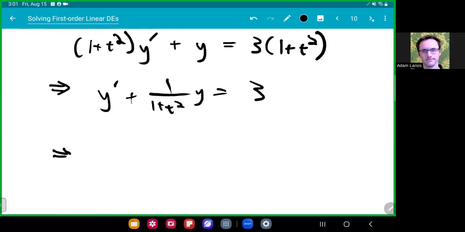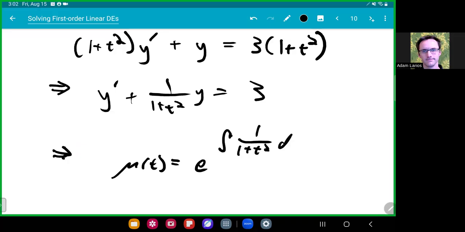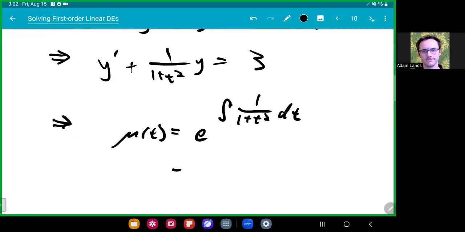Okay. This means that our integrating factor will be mu of t, equal to e to the integral of 1 over 1 plus t squared dt. And the integral of 1 over 1 plus t squared is the arctangent of t.